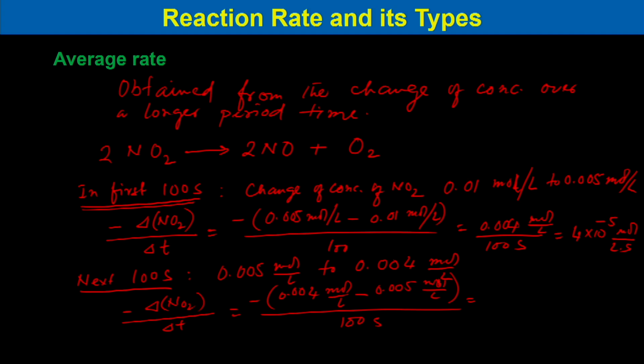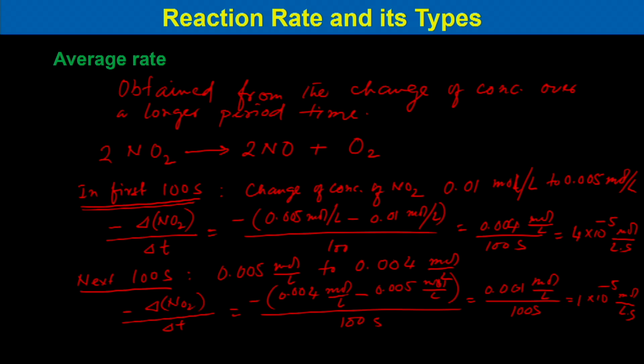So, this would be equal to 0.001 mole per liter divided by 100 seconds. So, this will give 1 into 10 to the power minus 5 mole per liter second.